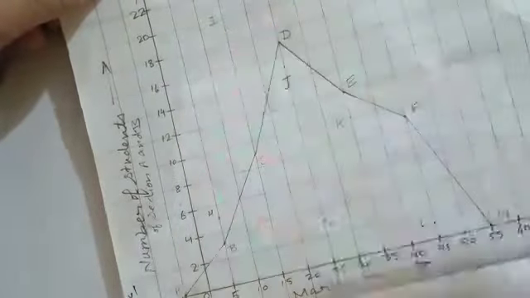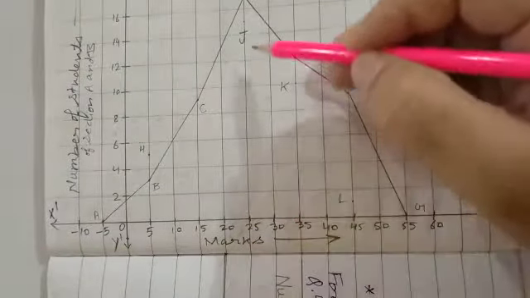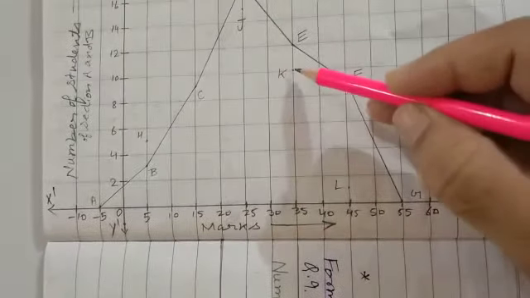This is your I point. And next frequency 15, 10, 1. This is your 15. Next frequency 10, and next 1.